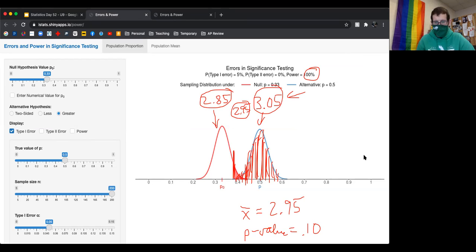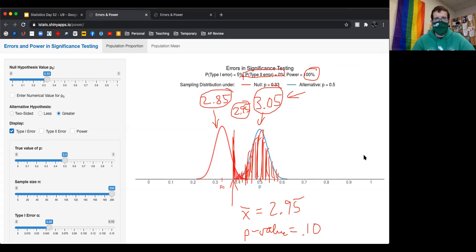So in this case, because any outcome below this cutoff point right here is basically not going to happen, my power is 100%. And since I basically can't fail to reject the null hypothesis, I can't get a type 2 error. Because type 2 is when you fail to reject the null hypothesis incorrectly. It's basically impossible for me to do that.